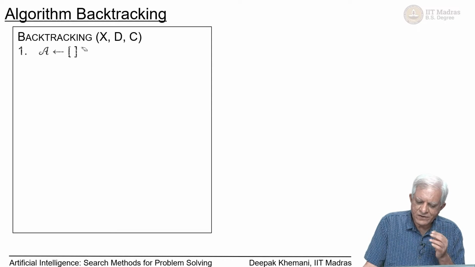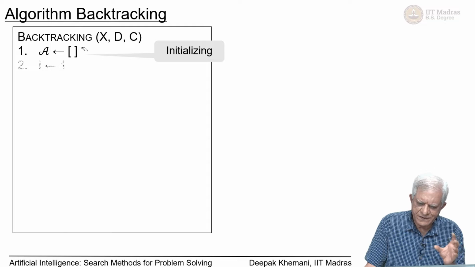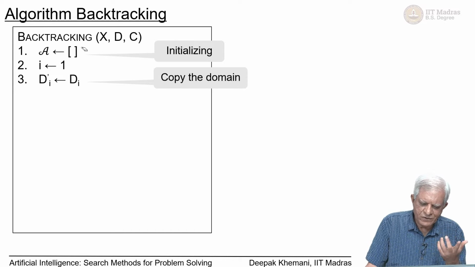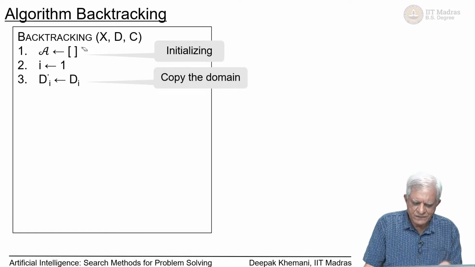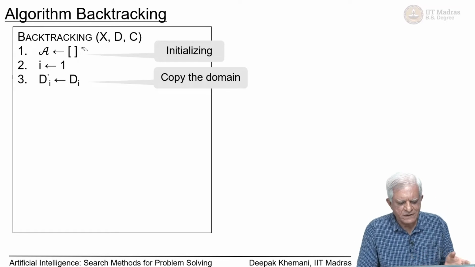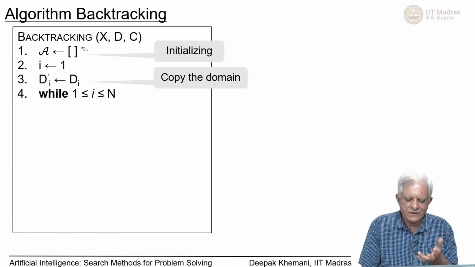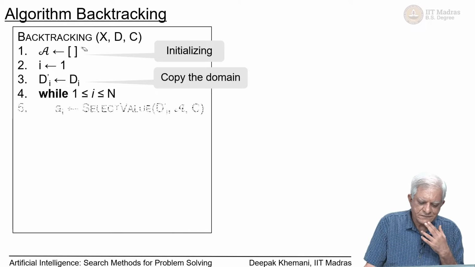It takes a constraint satisfaction problem as an input, X, the variables, the domains and the constraints. It initializes the assignment to an empty list. So far no values have been assigned. It says I am going to look at the first variable, i is equal to 1, and it makes a copy of the domain. Essentially, it will work only with the temporary copy of the domain, so that it does not destroy values from the original domain.